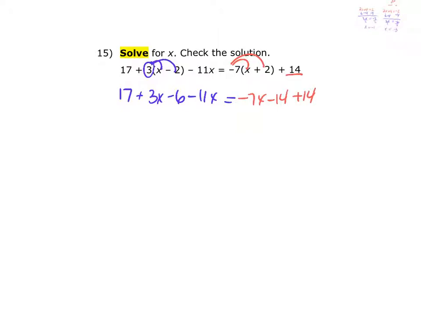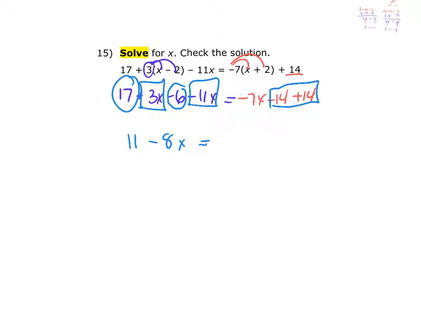Simplify each side independently. I can combine the 17 and the negative 6. 17 minus 6 is 11. And the 3x and the negative 11x is minus 8x, equals, these cancel each other out, and I'm left with just negative 7x on that side.